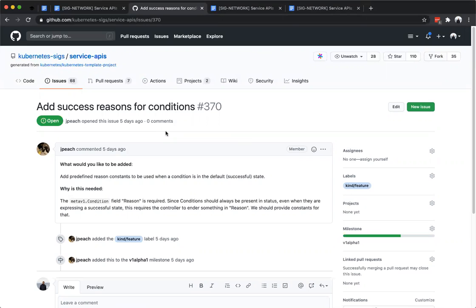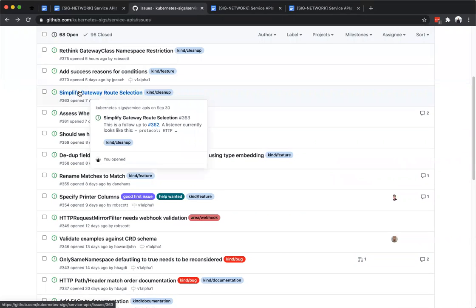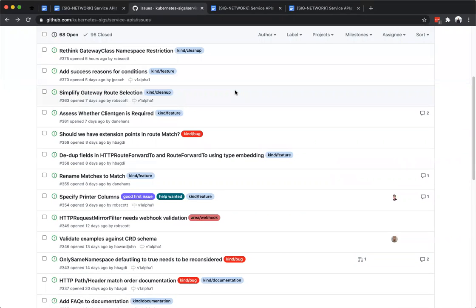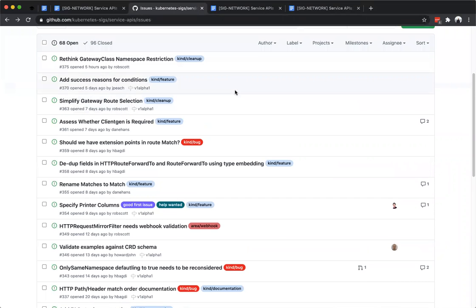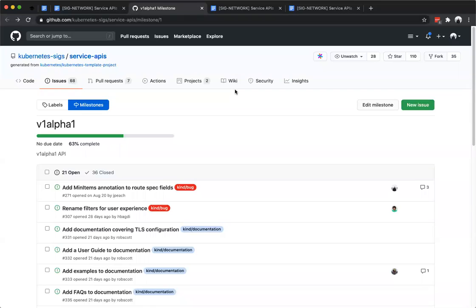I don't think that's a blocker for running the release, because implementations can always add their own reason. It's just I think adding a reason for when the condition is a successful state, just standardizing that is useful and helpful, but we can ship alpha 1 without it.